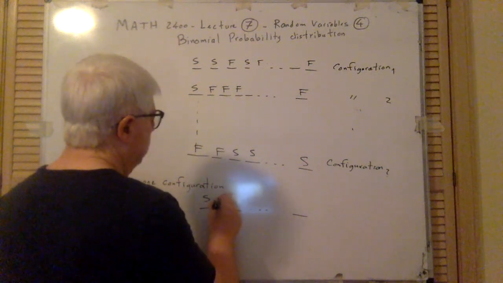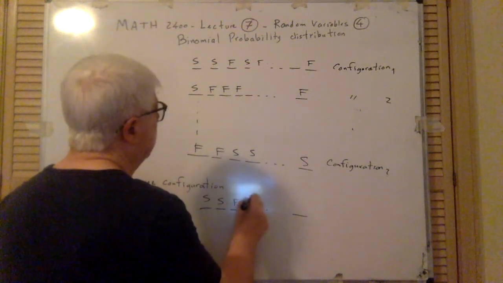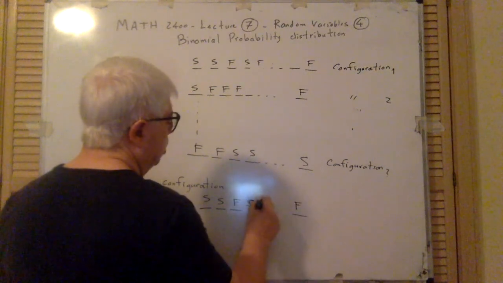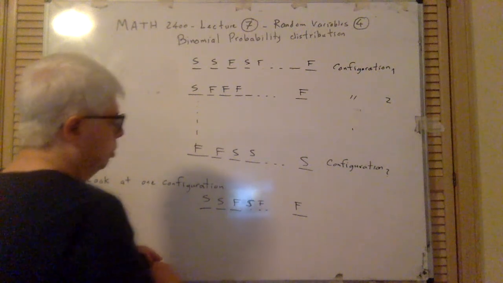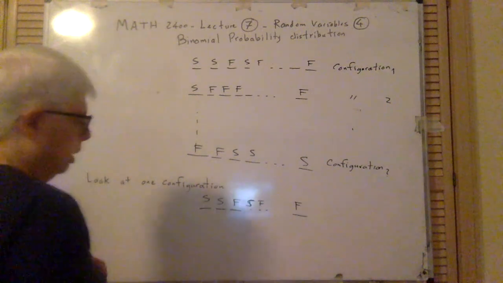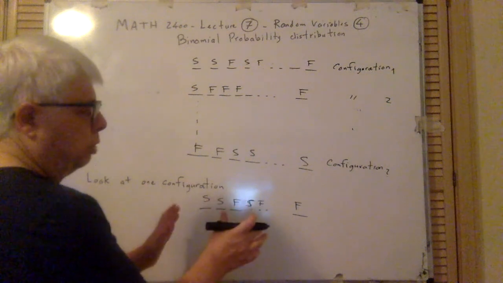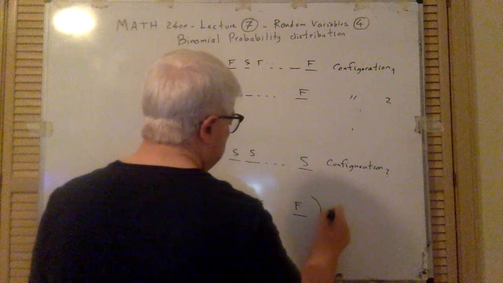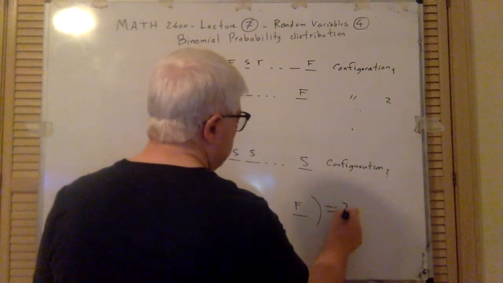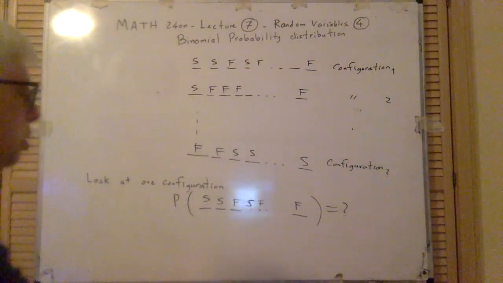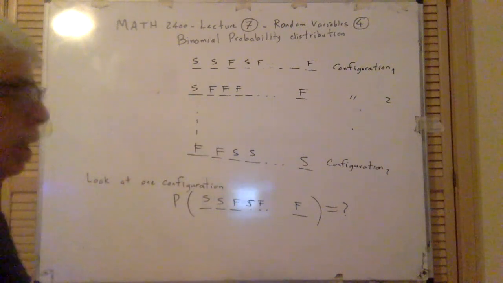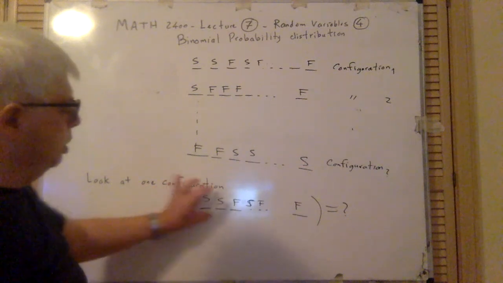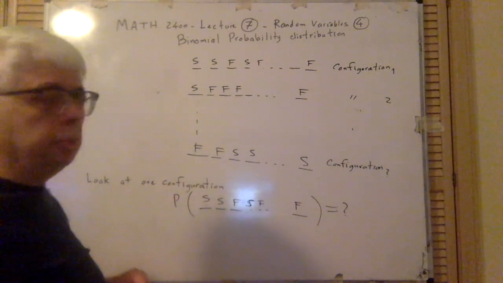So S, S, F, S, F, then the last one is like before. What is the probability of this happening? What is the probability of this configuration, say on top, happening? Well, these experiments are independent of each other.